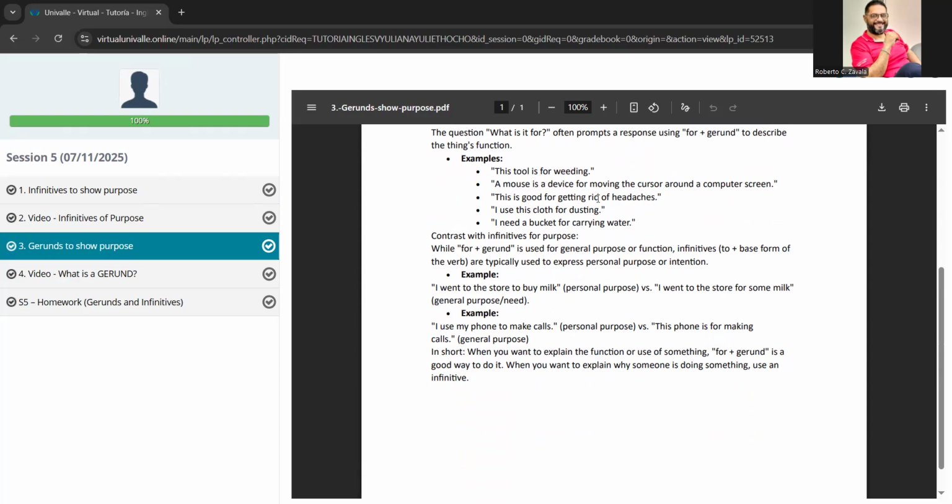This is good for getting rid of headaches. I use this cloth for dusting. I need a bucket for carrying water. Contrast with infinitives for purpose. While for plus gerund is used for general purpose or function, infinitives, to plus the base form of the verb, are typically used to express personal purpose or intention.